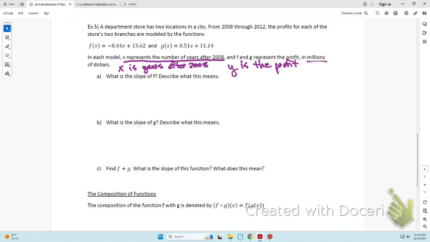So on part A, it wants us to find the slope and describe it. Both of those functions look like slope-intercept form, so we can be confident that slope for f is -0.44. Right there.